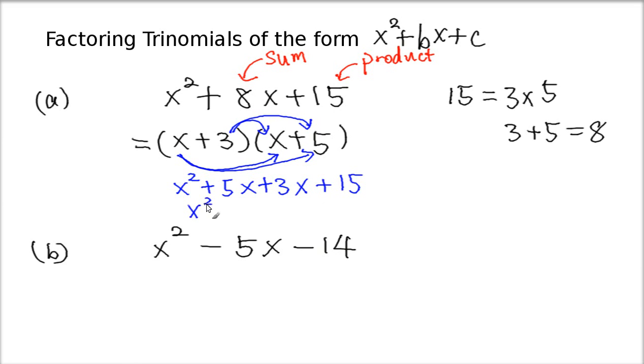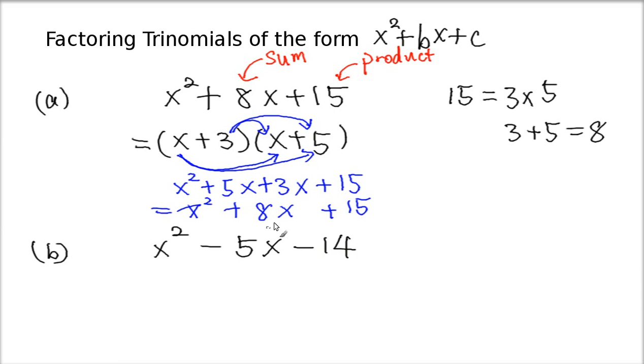And if you combine like terms, this equals x squared plus 5x plus 3x, that's 5 plus 3, 8x plus 15. So we could recover the original polynomial.